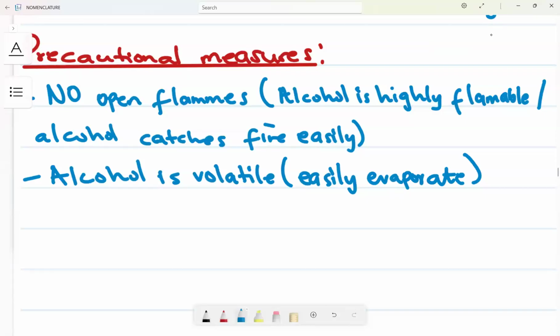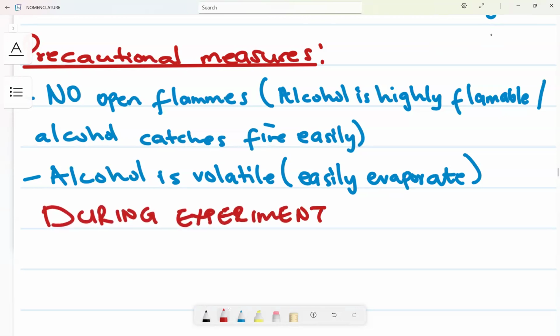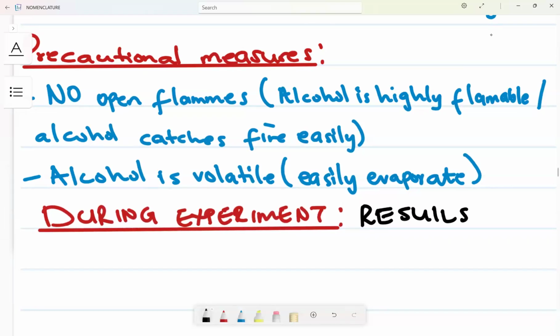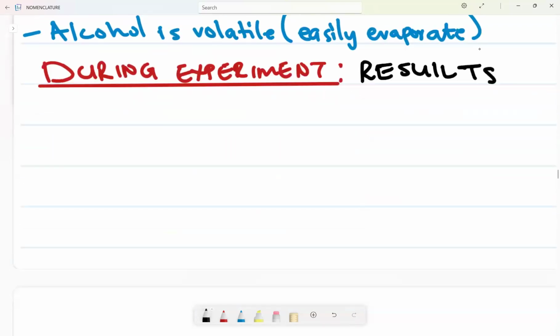Now another thing that you need to know is that during experiments, the results that you'll get, during an experiment forming an ester, the first one is that maybe you will have a very pleasant smell, or a decent smell.